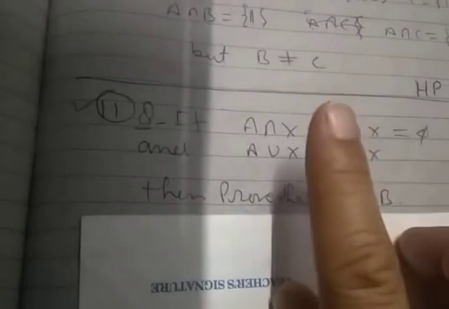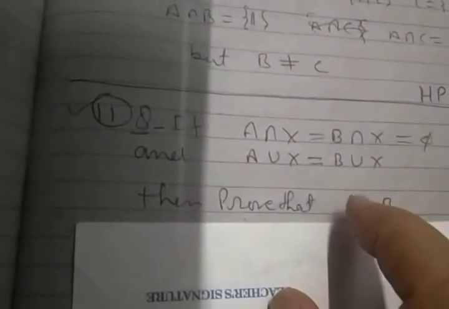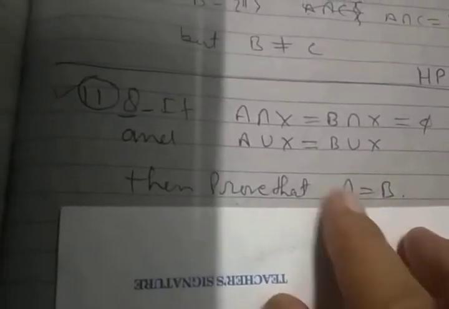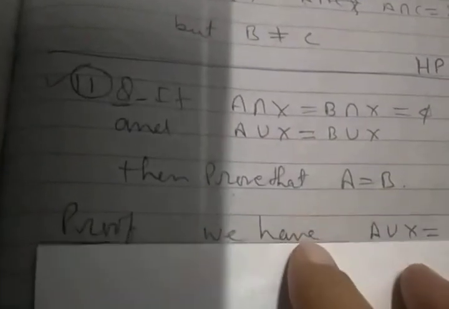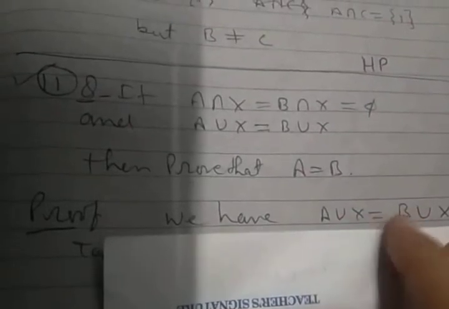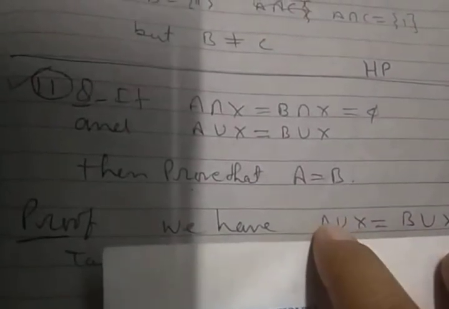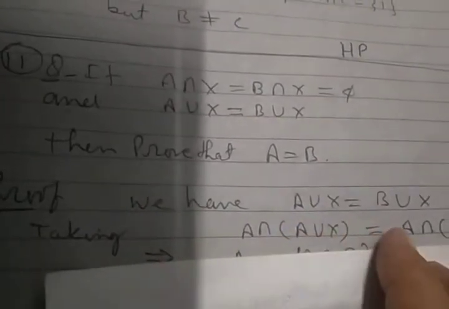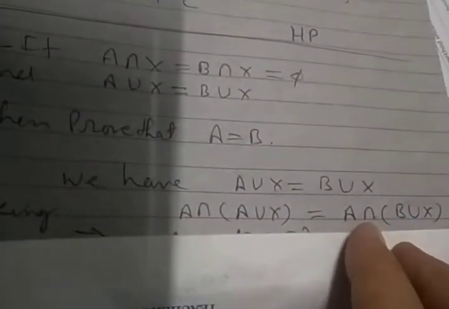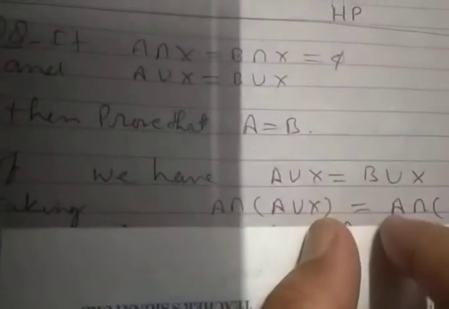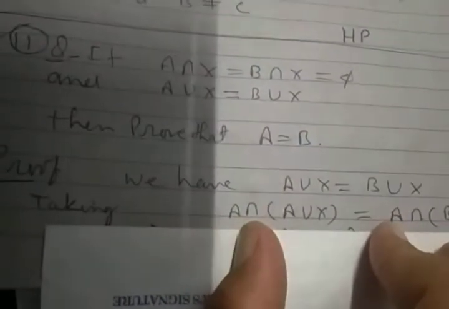It is similar to some question which we have done earlier, I think in the previous exercise. Now see, we use this union condition: A union X equals B union X. Two sets are equal, so we take the intersection with another set, that is A, on both the left hand side and right hand side, since the intersection of equal sets with the same set will be equal.